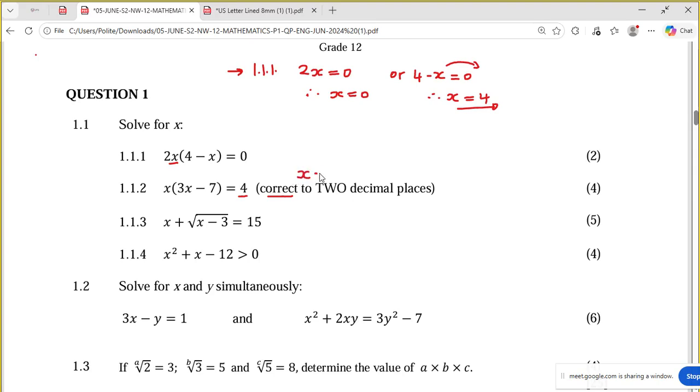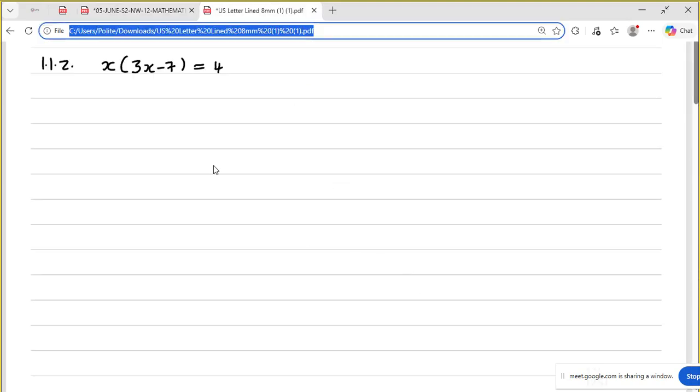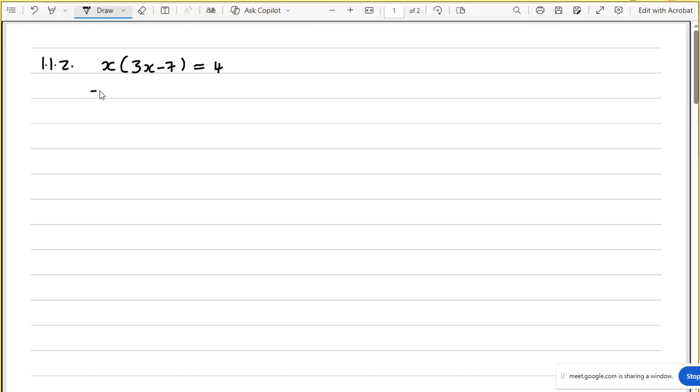They want you to use x equals minus b plus or minus the root of b squared minus 4ac, and you divide everything by 2a. So that is what we're going to use. Let's first arrange this equation, because I'll be very happy if we can put it in the correct form. First thing, I'm just going to multiply out the bracket.